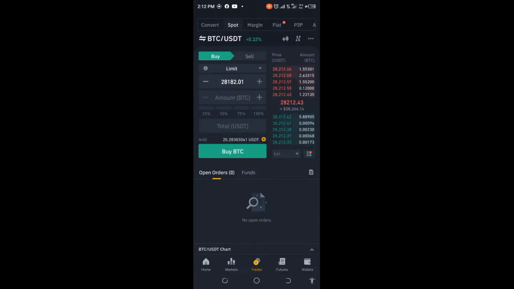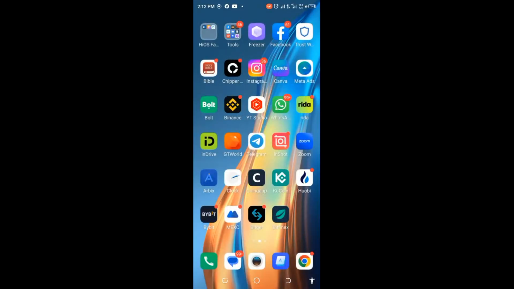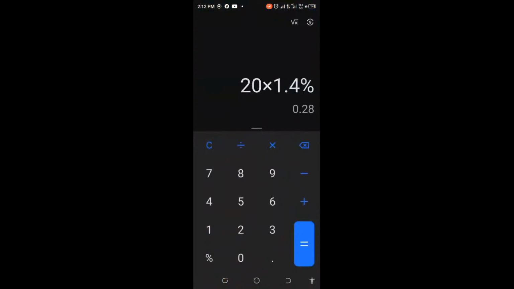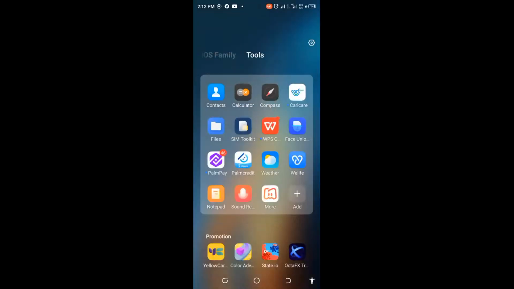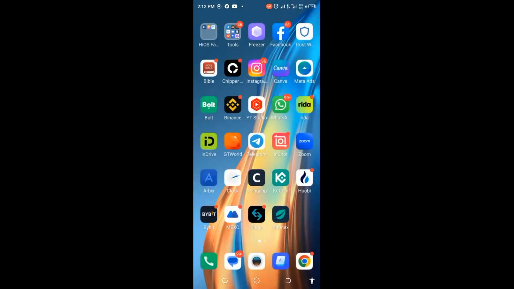What is 0.3% of $20? That's 6 cents. That's actually understandable. So always prepare for that whenever you're doing your trade.